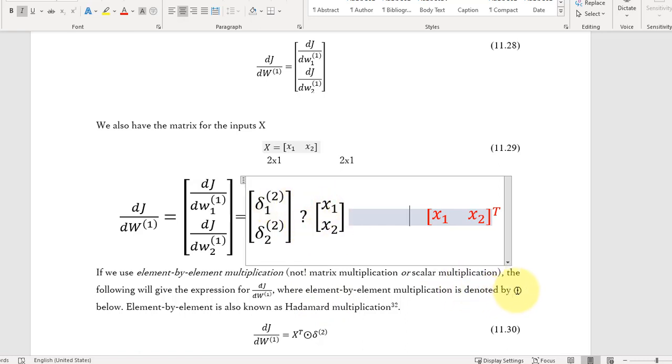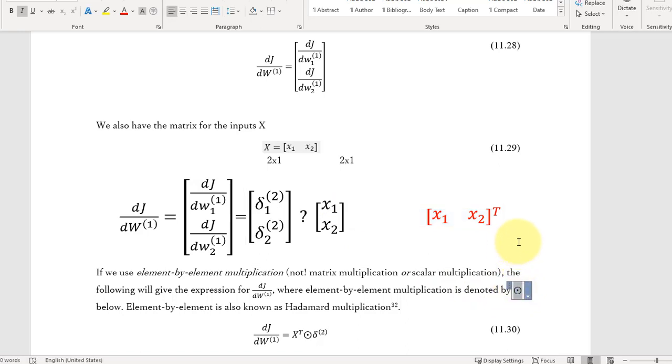And we're just going to make up a symbol for that here. We need some symbol, and it's not regular matrix multiplication, and we don't have any other symbol for it, so we'll use this to mean element by element multiplication, or Hadamard multiplication.